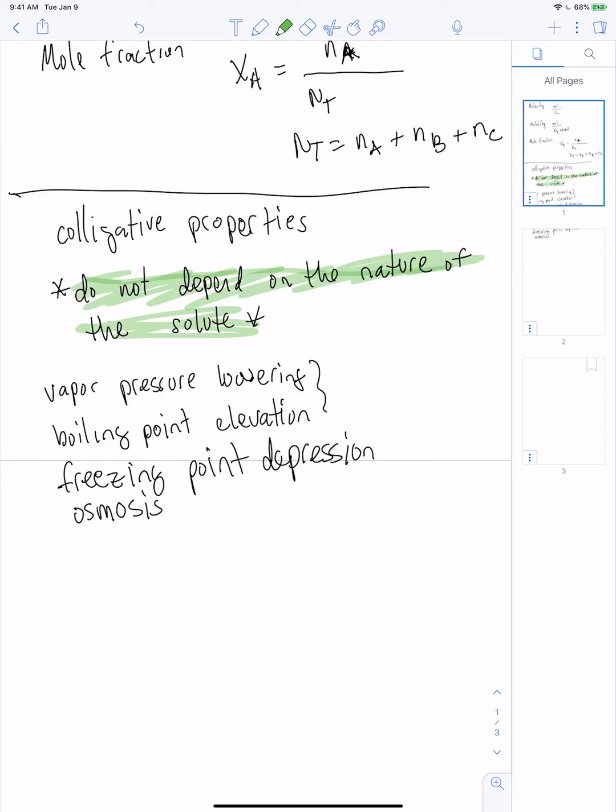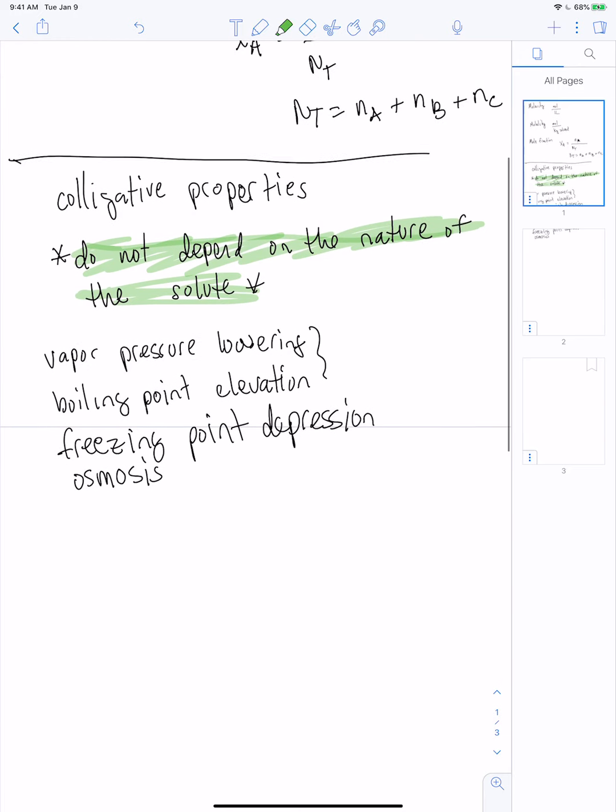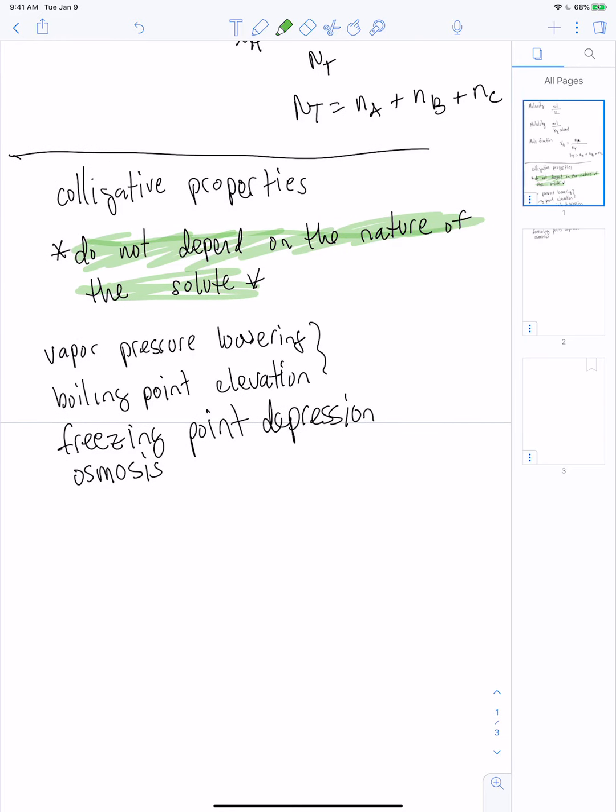And the reason for that is that if you recall, the delta H of solution is approximately 0.